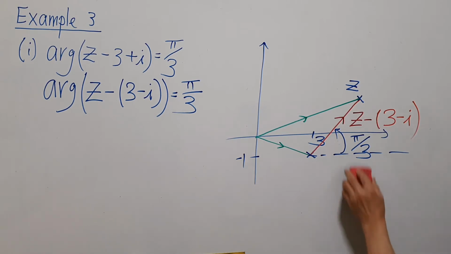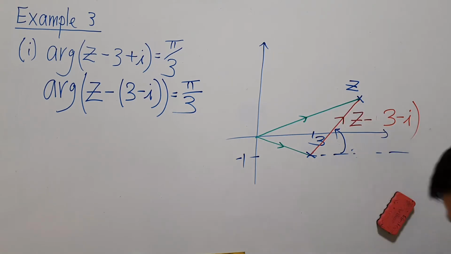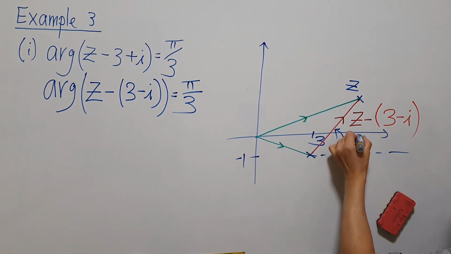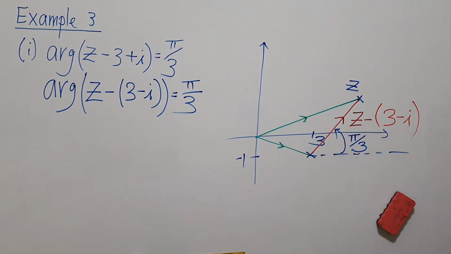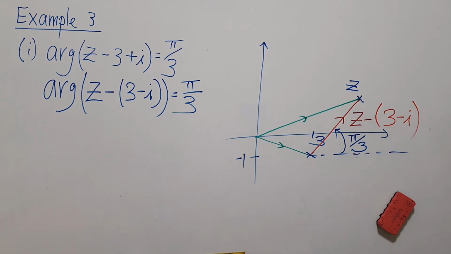Let me polish up the diagram a little bit so you can see it better. You want this to be pi over 3. So in this diagram, if this angle is truly pi over 3, then this point z is one such complex number that the equation desires.